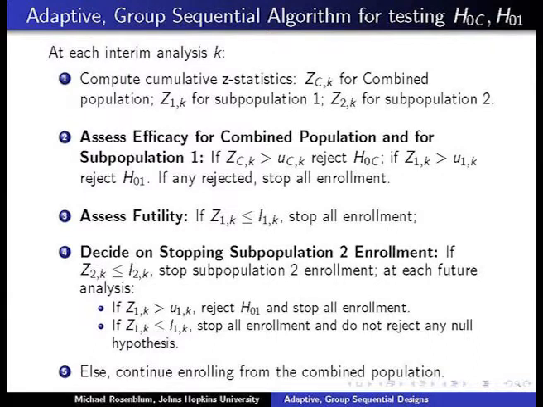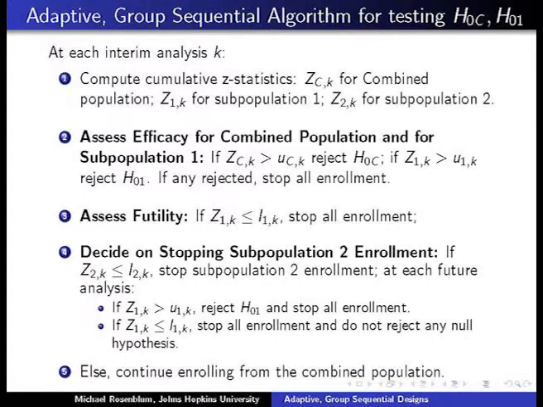If there's just not enough signal, and you're far enough along in the trial that there probably should be if there's an effect there, then you're going to give up on subpopulation 2. You're not going to enroll them anymore, and at each future analysis, you're just going to enroll subpopulation 1 and just do tests for subpopulation 1.